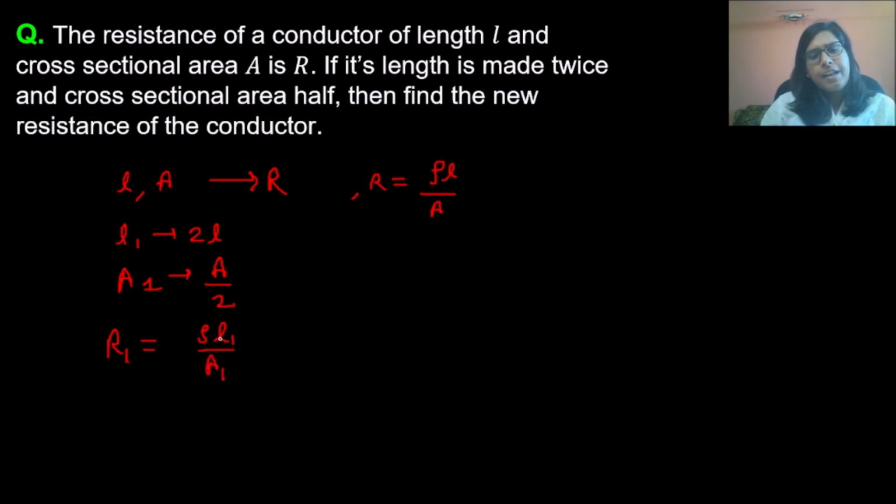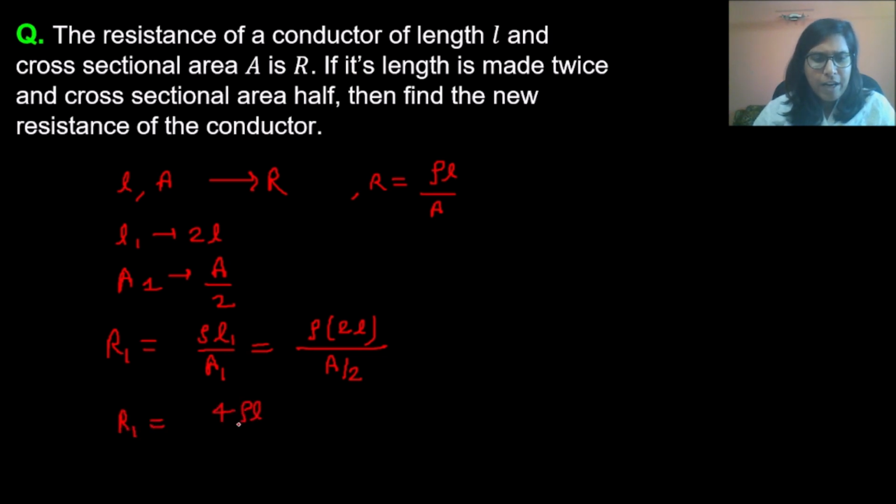Resistivity of a conductor depends on the material and temperature only. It doesn't depend on the length or the area of the conductor. So rho will be the same, L is twice and area is half. So it becomes 4 into rho L upon A, that means 4 times R.